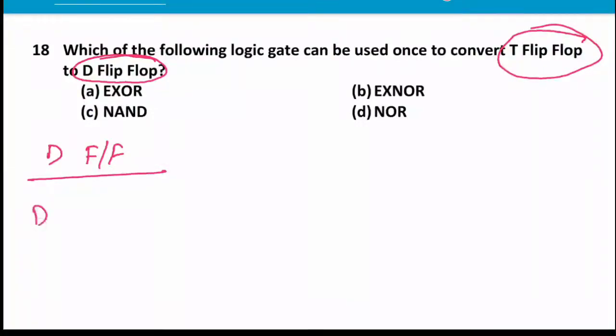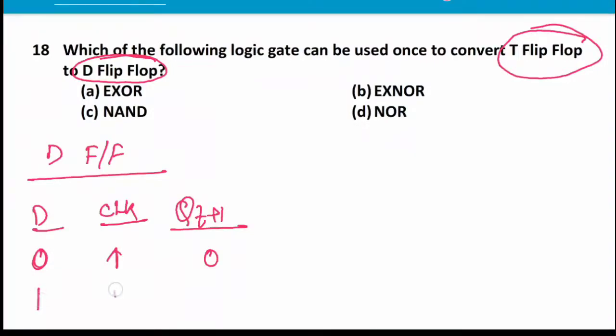For D equal to 0, the answer will always be 0 if the clock is provided, and for D equal to 1, if the clock is provided, then the Q terminal will always be 1, and it does not depend upon the previous value, that is, it is independent of QT, the previous value of the output.